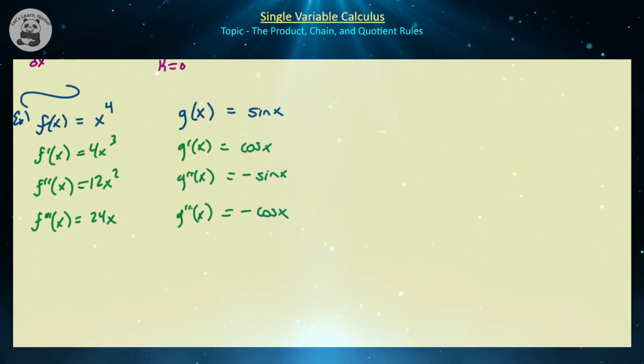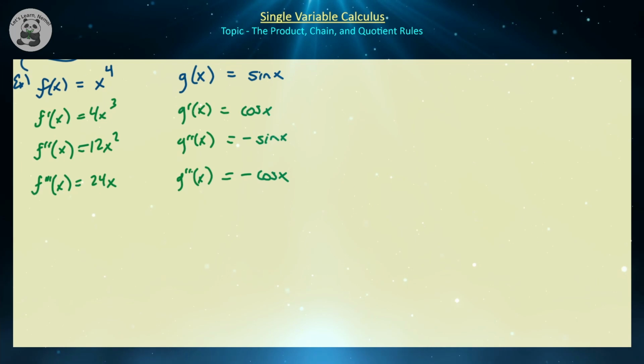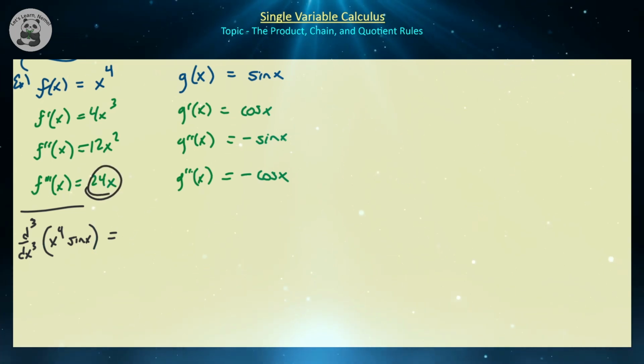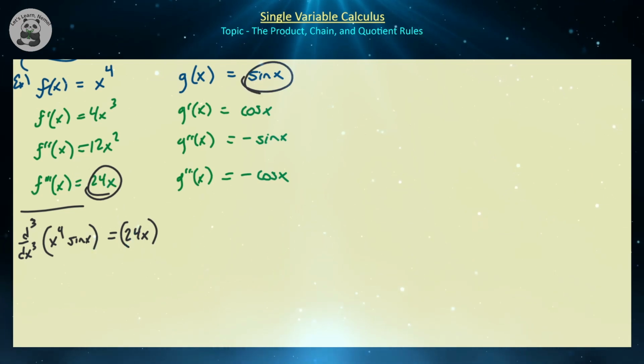So this is sort of how you start to use the Leibniz product rule. And let's assume that the end goal was to find the third derivative of x to the 4 sine of x without actually having to work through each of those iterative products. So this is going to be equal to what? So we're going to start with the top, so 24x, times the original sine of x, times the associated binomial coefficient, so where are we at?